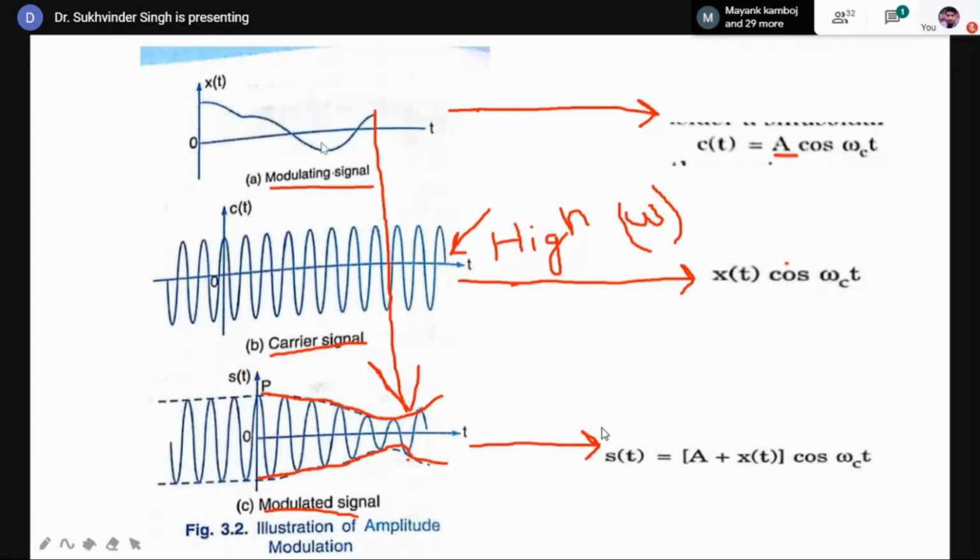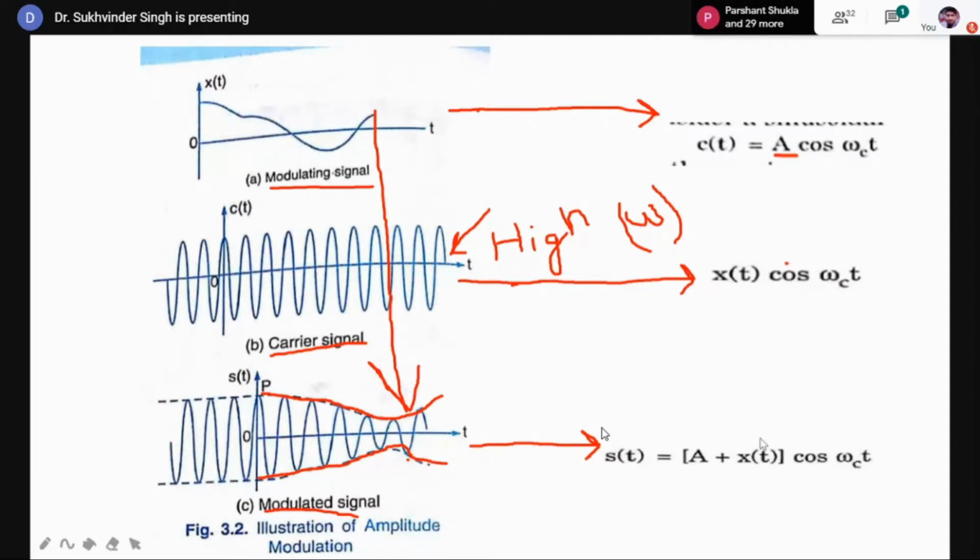And you can clearly see in this diagram, if you can see the cursor on my screen, the amplitude of the modulated signal is continuously varying. It is time varying, and it is varying continuously. So A is constant for the carrier wave, and we have a time varying modulating signal amplitude.